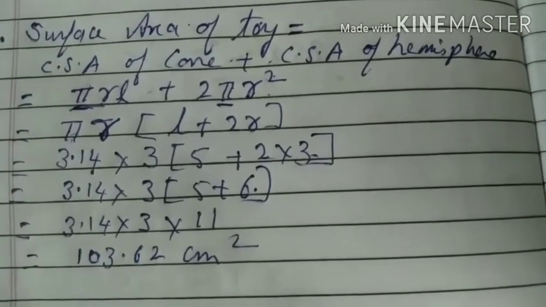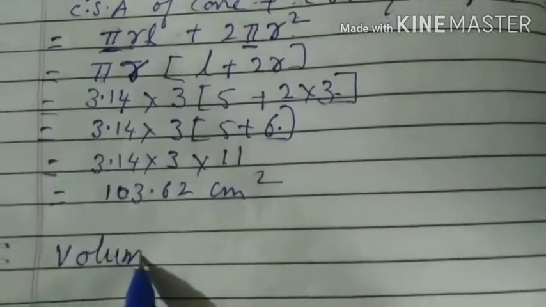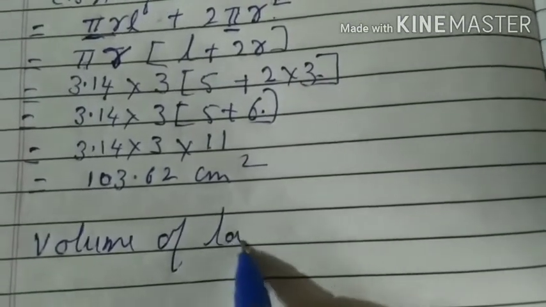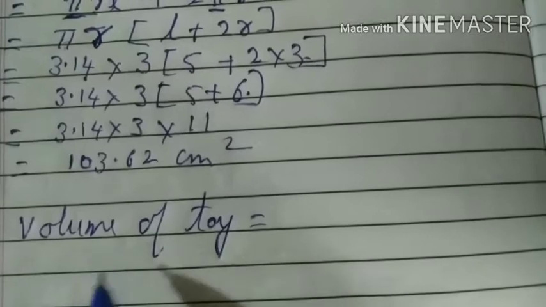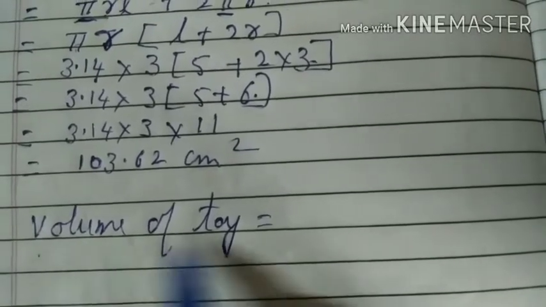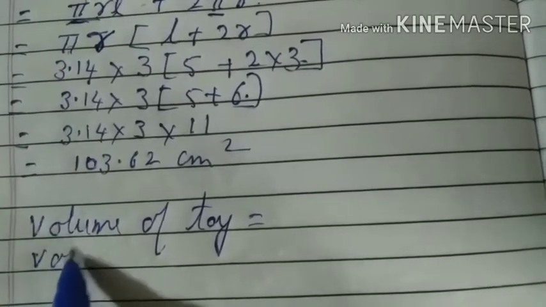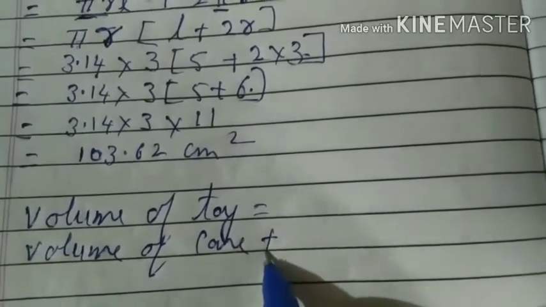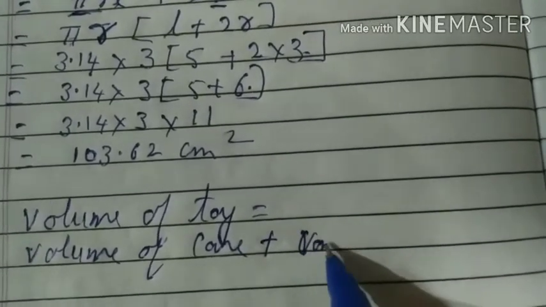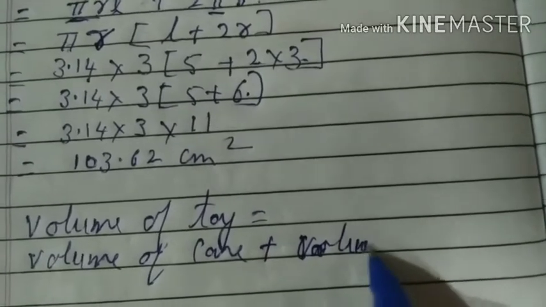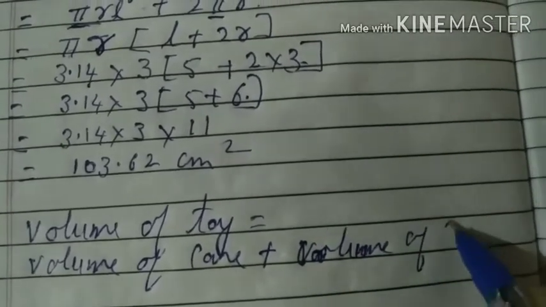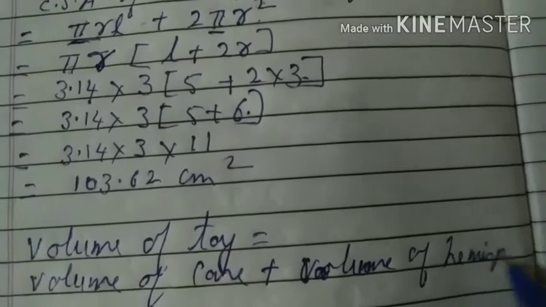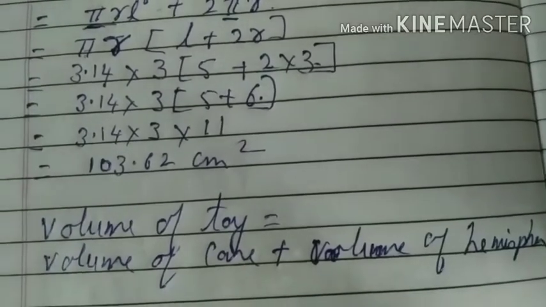Now I want to find the volume. So volume of toy will be equal to volume of cone plus volume of hemisphere.